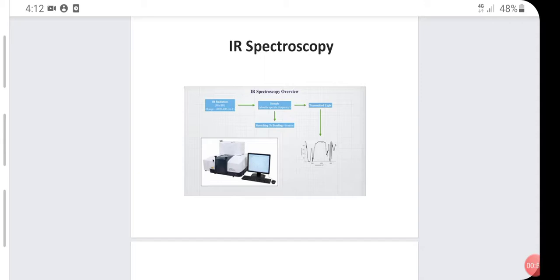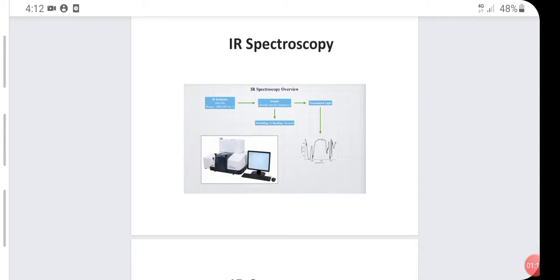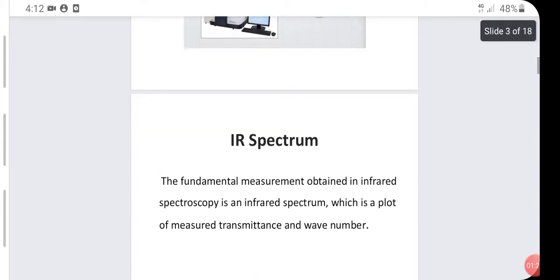When these lights fall on the sample, the molecules of the sample absorb radiation of specific frequencies and show bending or stretching vibrations. Other lights that are not absorbed by the sample are transmitted. This transmitted light is detected by the detector, and on this basis a spectrum is formed.